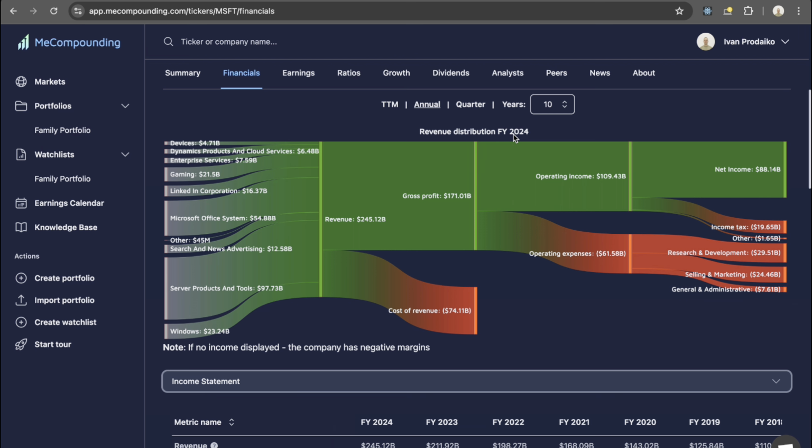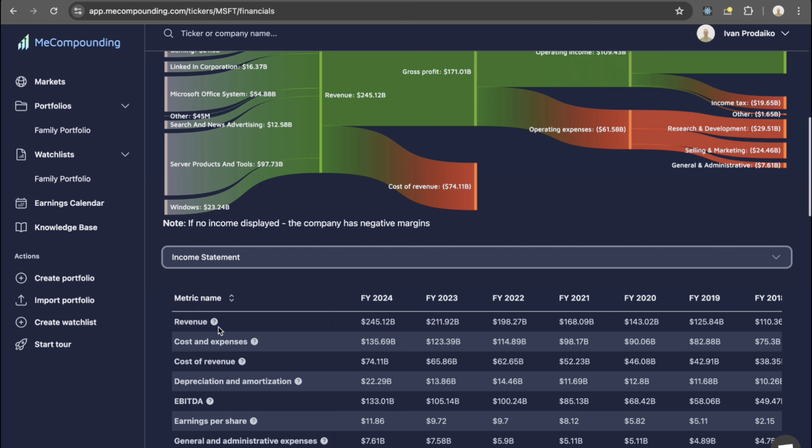Microsoft Corporation has a number of revenue streams displayed here. All of them making the yearly revenue of 245 billion. So the revenue itself is the total amount of money a company earns from its business activities.